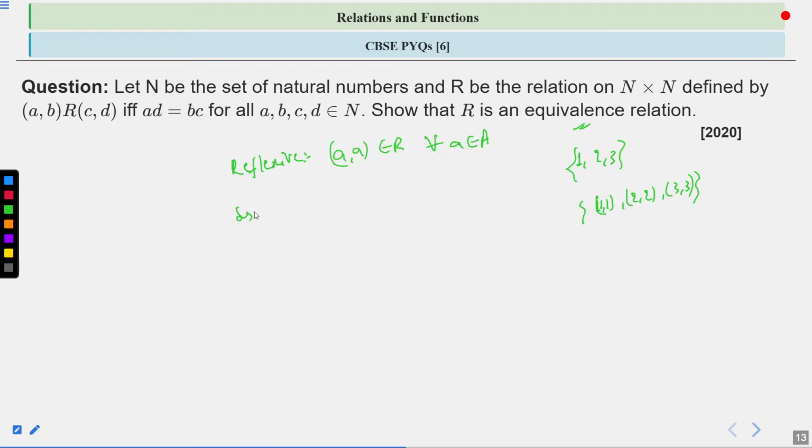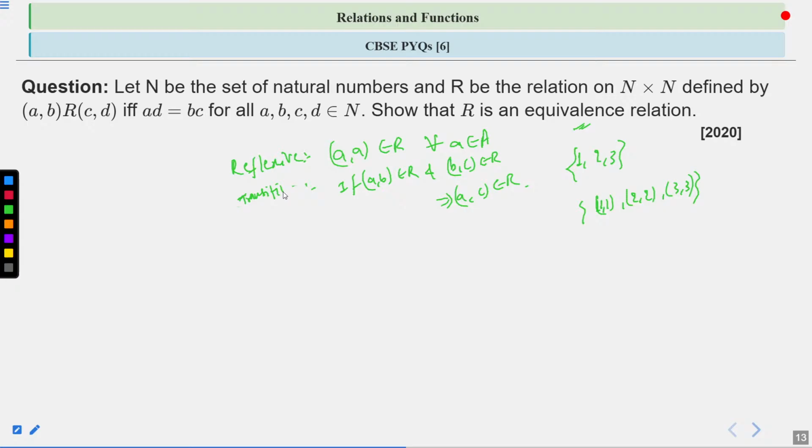Now let's discuss the conditions for transitive. If (a, b) belongs to R and (b, c) belongs to R, this implies (a, c) must belong to R. This was the condition of transitive.